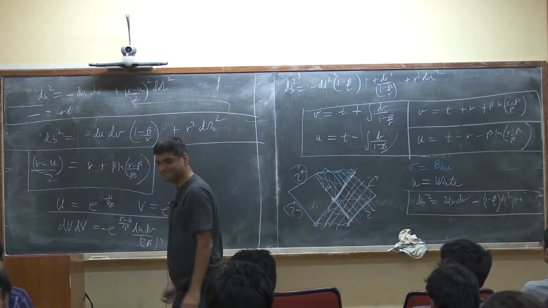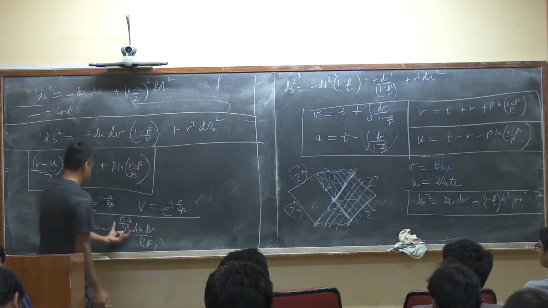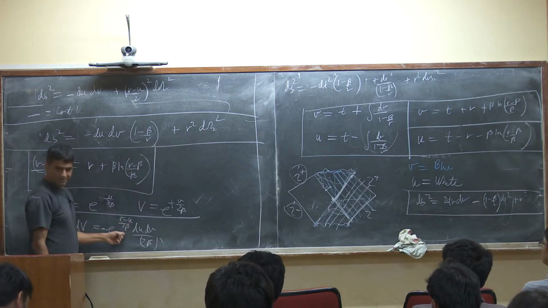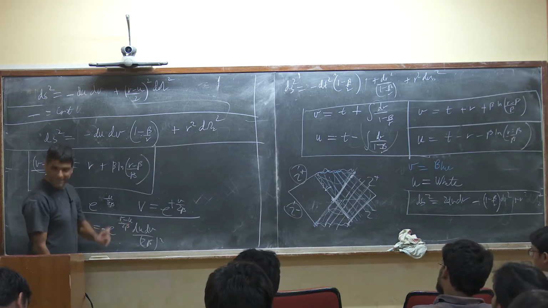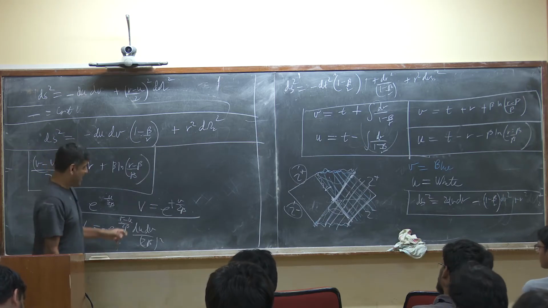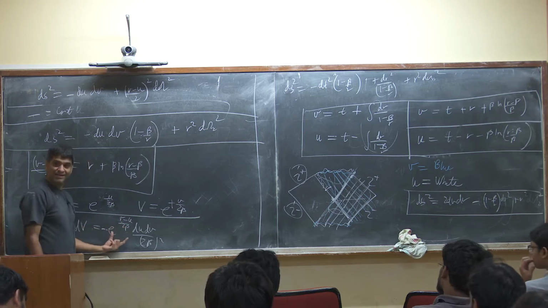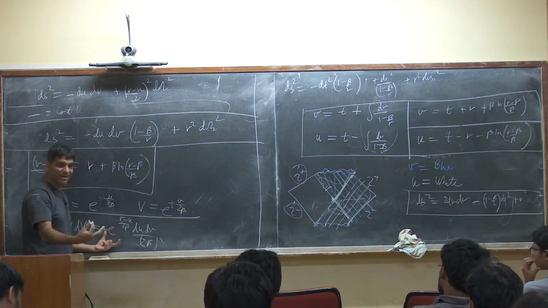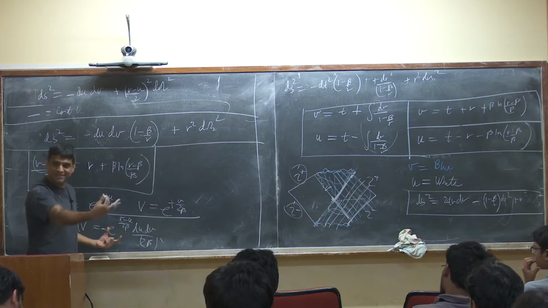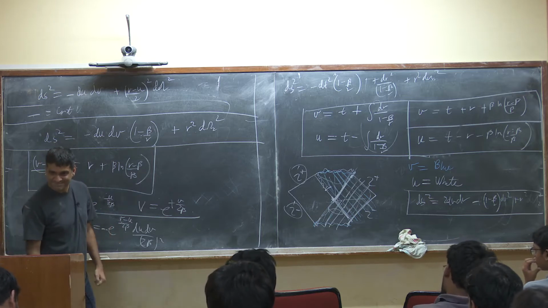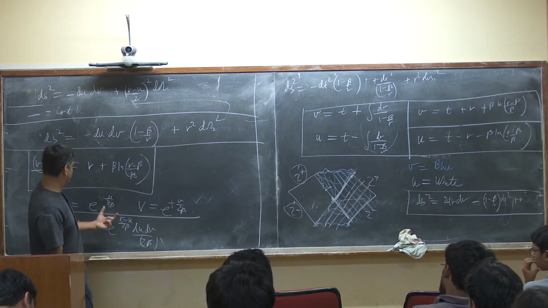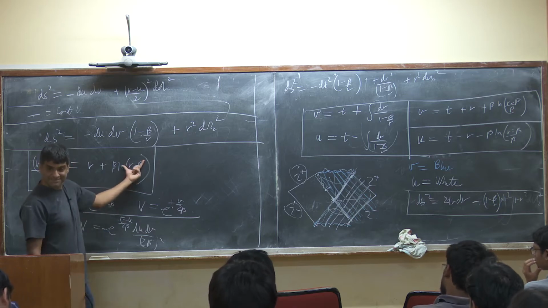Is this clear? So this e to the power v minus u divided by 2 beta will be, near r equals beta, e to the power log r minus beta, which will be a factor of r minus beta.